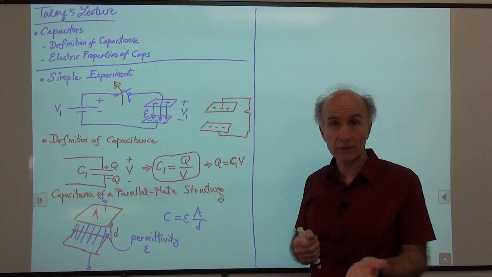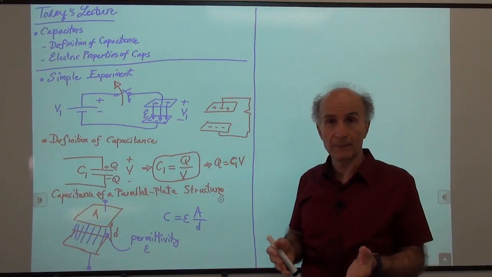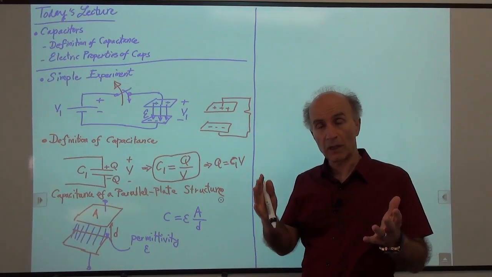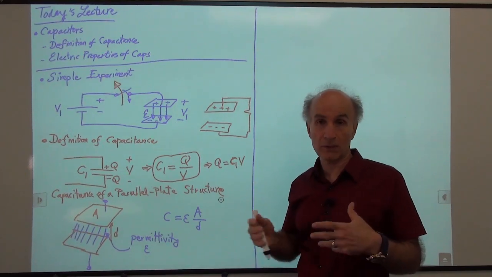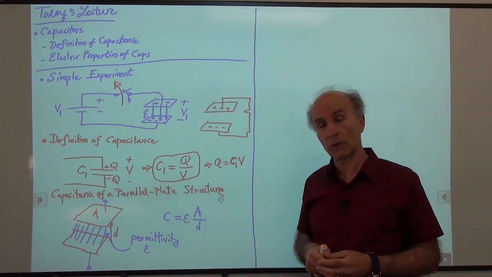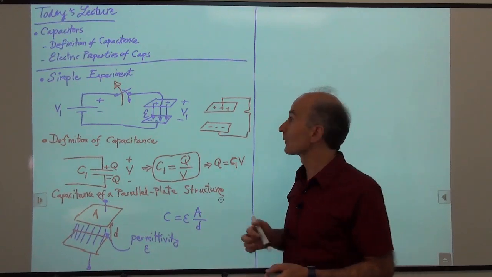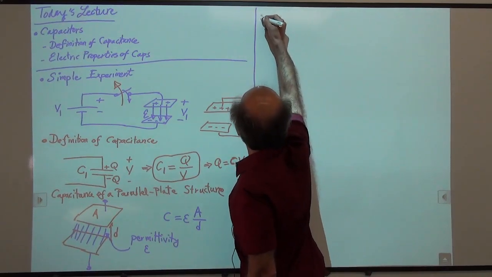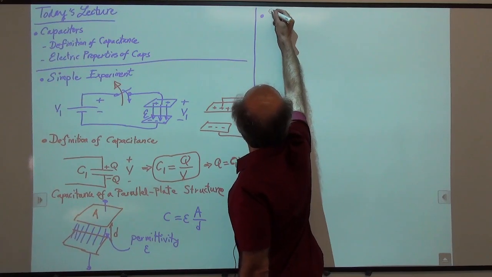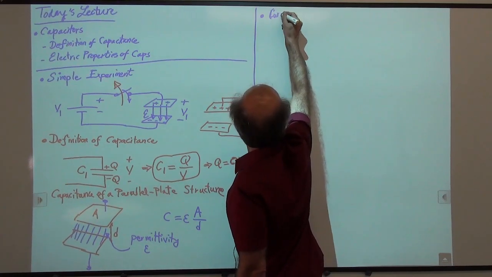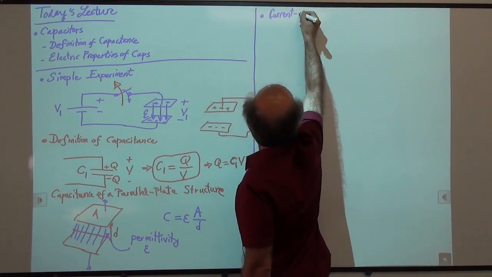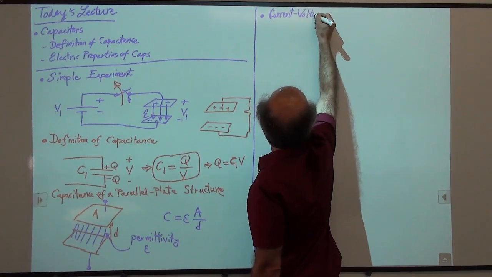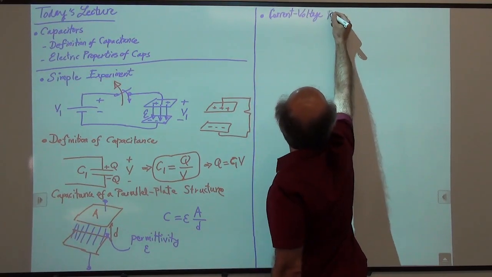For resistors, Ohm's law applied, and it was easy: V is equal to I times R. For capacitors, that's not true, so we have to figure out what equation we can use. So let's write that here: current-voltage relationship.